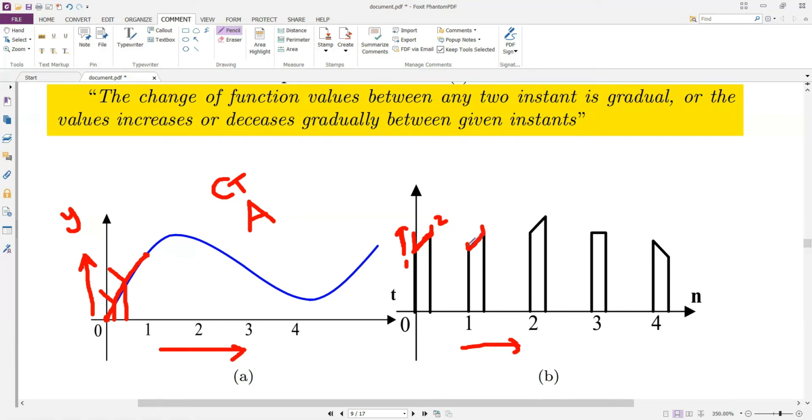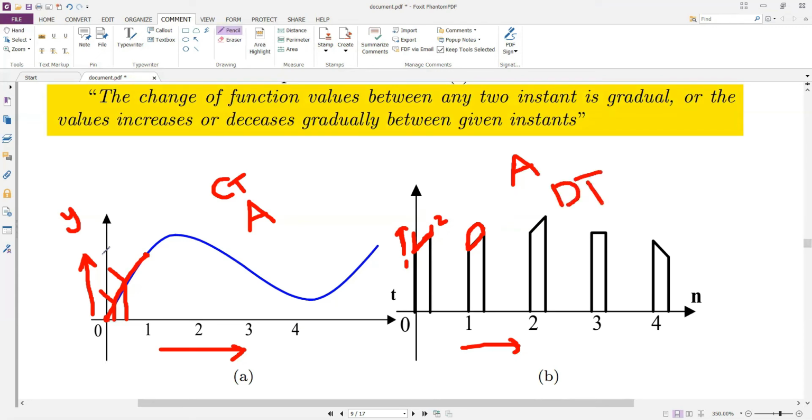By continuous we mean that if we consider the values between two given points, there will be infinite number of values between them. In this particular case, we have an analog signal, but this is discrete time.